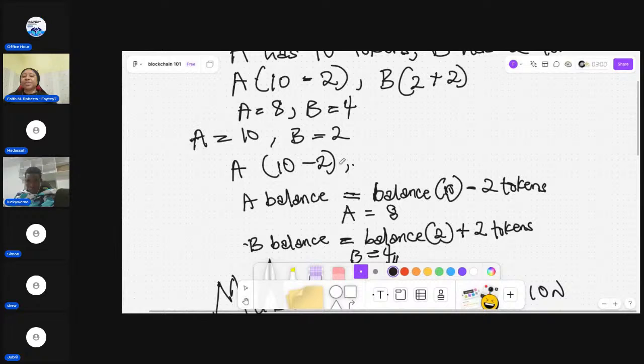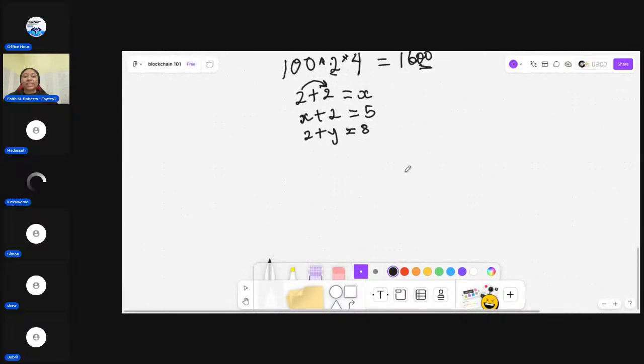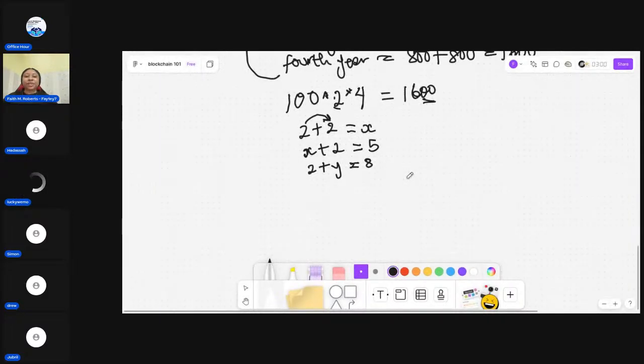How would this have been represented? If you didn't know what person A's balance is, it would have been maybe balance minus 2 will be equal to 8. So this is a representation in an expression where you do not know what a particular value is. You represent it with a variable. I just hope that is clear enough for us to grab.